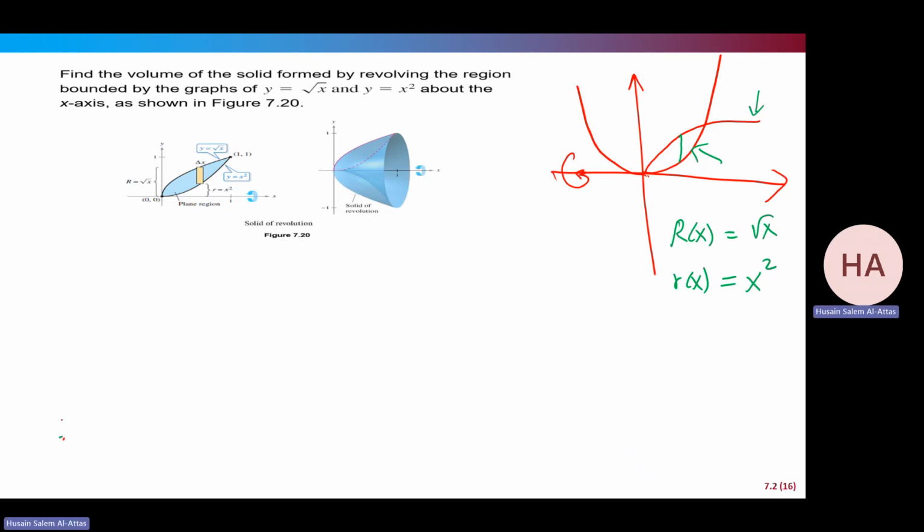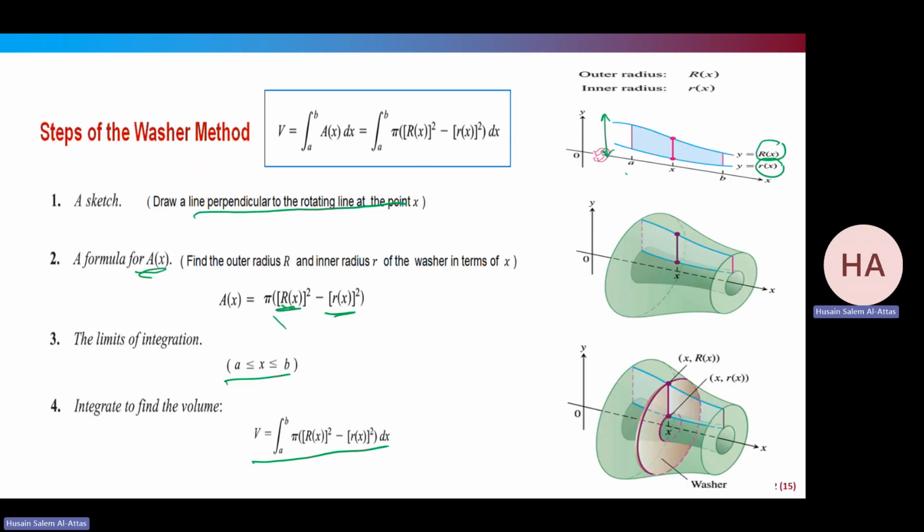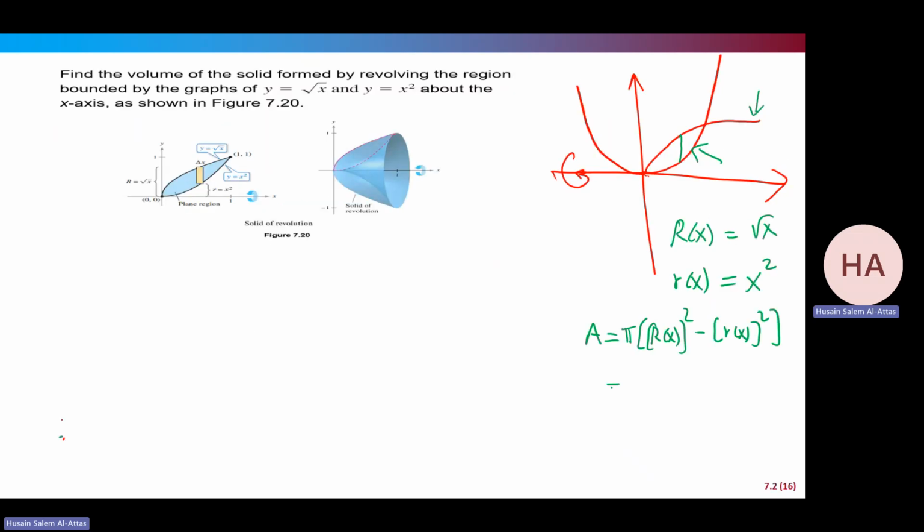So what will be the area? Let me do the area. It will be pi times R of x squared minus small r of x squared, which is this one. So do the calculation: x minus x squared. No, it's not x squared, it's x to the power 4.